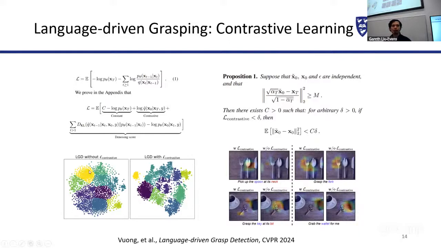If you don't use the contrastive loss here, there's a mix between different clusters, right? You can imagine that each cluster is like the joint embedding between the text and the image. If the clusters are mixed together, that means the model does not have a good understanding of the data. The better we can cluster the joint embedding between the text and the vision part, the higher accuracy you get in the end.